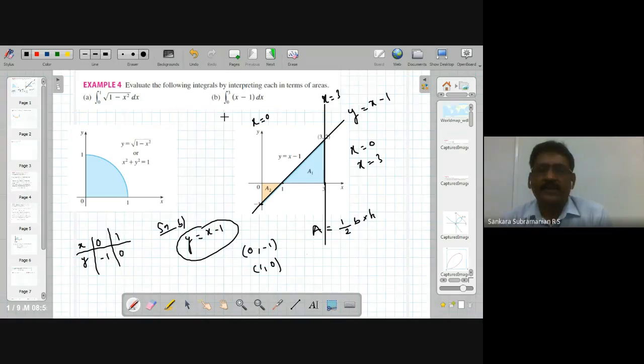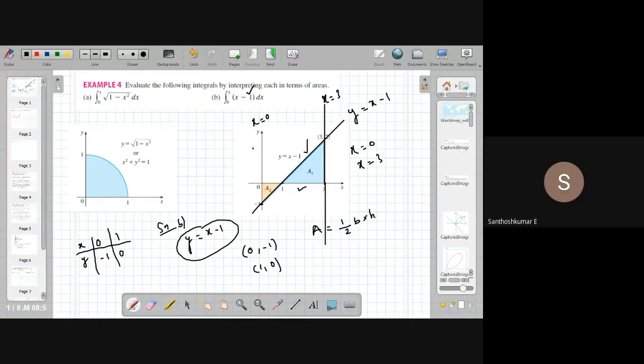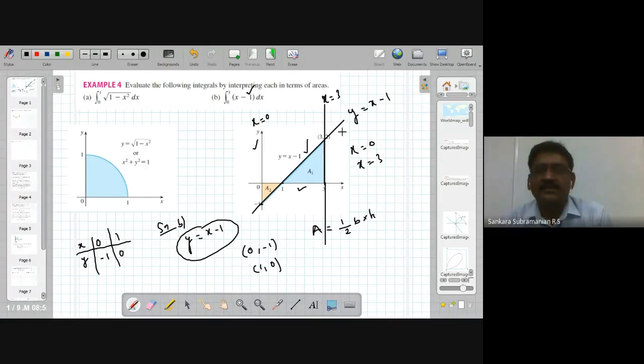Now come to the conclusion. We know that the integral from 0 to 3 of f of x dx will be the area bounded by the x-axis, the function y equal to x minus 1, and the 2 limits, x is equal to 0 and x is equal to 3.